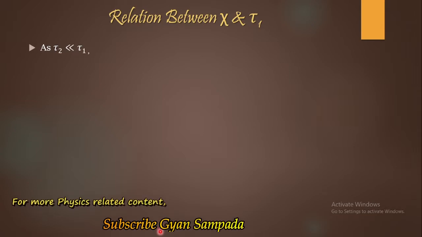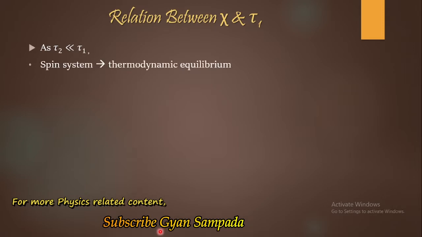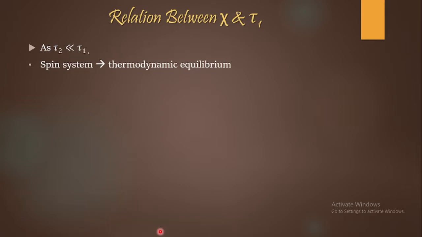For that case, the spin system may be assumed to be in thermodynamic equilibrium, which means the spin system may be treated as a separate system itself, because it is acting as an isolated system. There is no exchange of any parameter with respect to the neighbors.